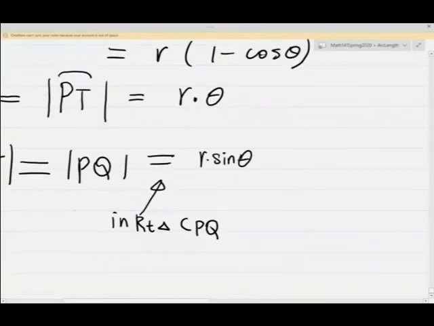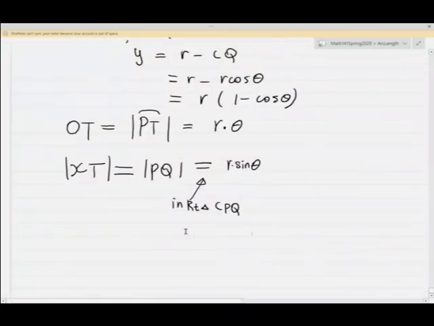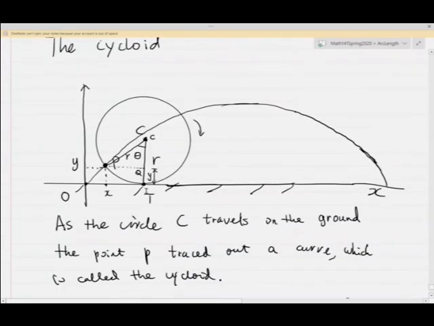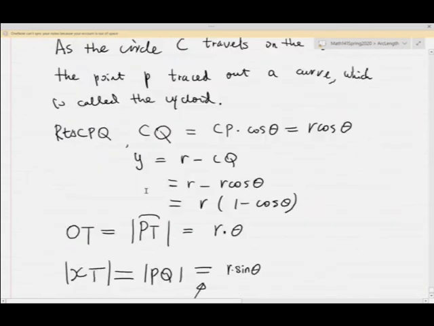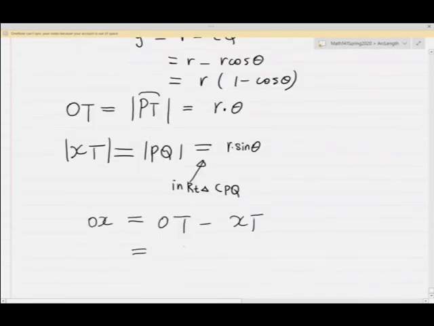From this geometric figure, you can then solve OX, which is OT minus XT. OT is R theta, XT is R sin theta, so OX is R times (theta minus sin theta).